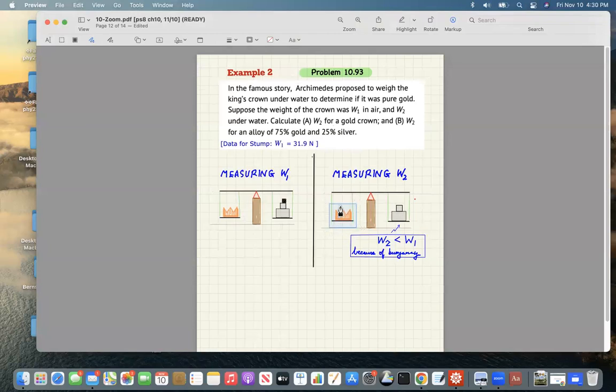Or he can measure the weight of the crown when it's placed in a glass of water or a little container of water. And then he would balance the container with the crown inside against some known masses. So here we would measure W1, here we would measure W2. So those are known.